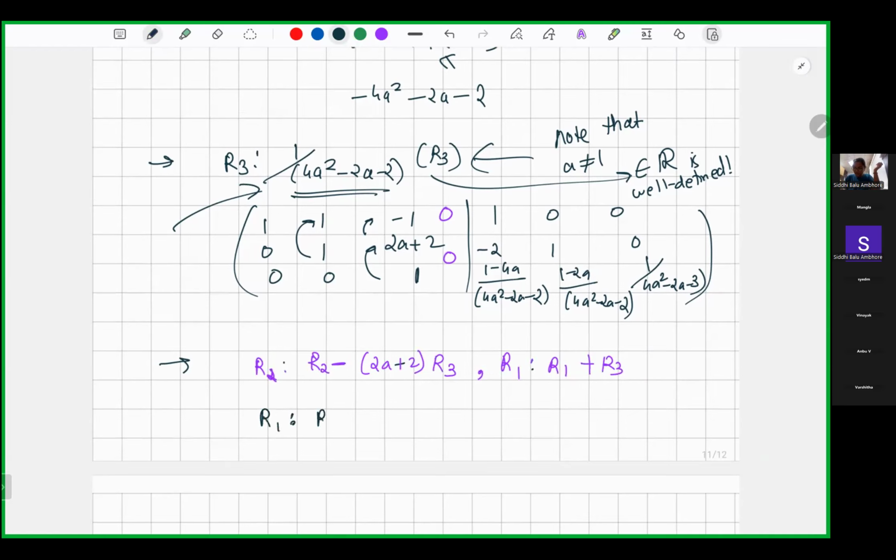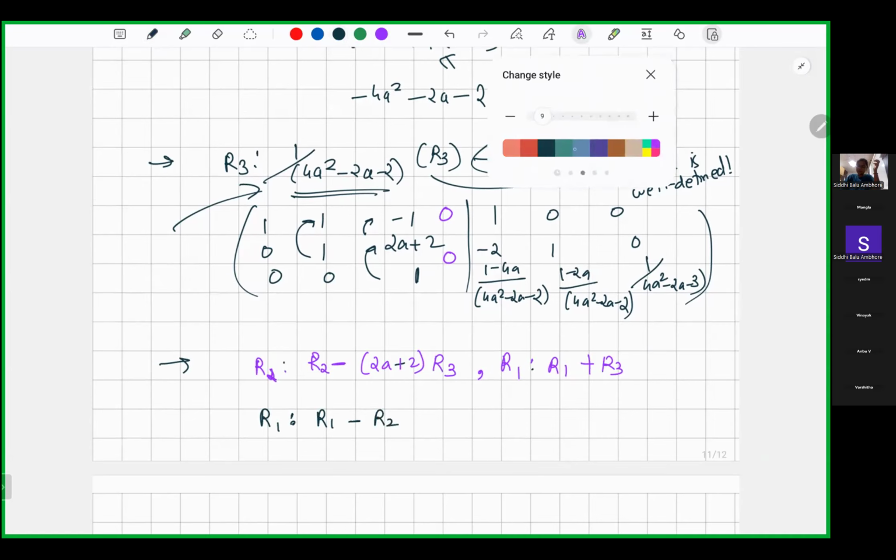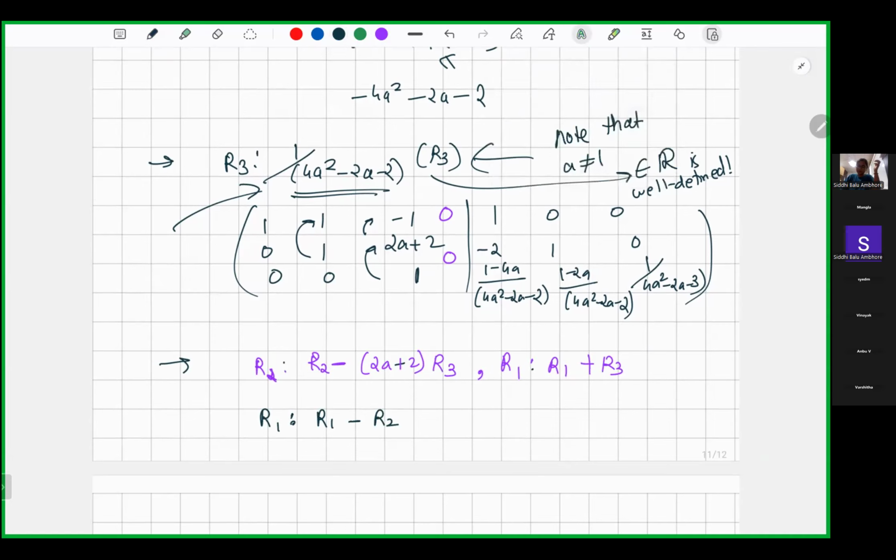R1 going to R1 minus R2, because here I just want to make 1. And if I do this, I will get 0 here, and you can calculate it.